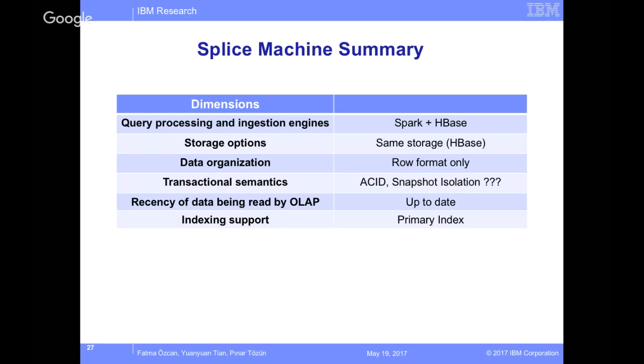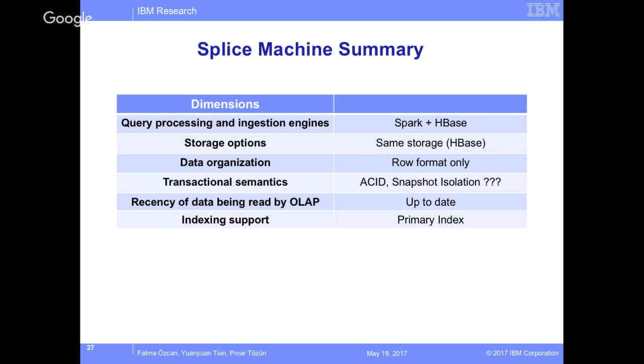What I could find from their commercial material is that they support full ACID and snapshot isolation, but I would take this with a grain of salt, since I don't have a lot of technical material to back this up. And for recency of OLAP, they can provide up-to-date data. For indexing support, they have the primary index that comes from HBase.